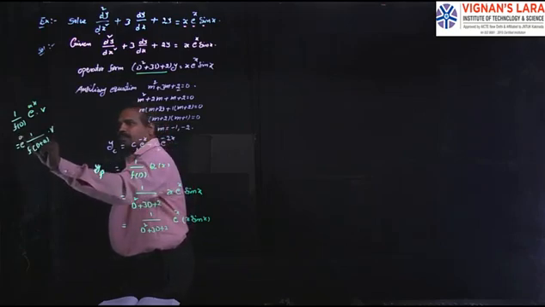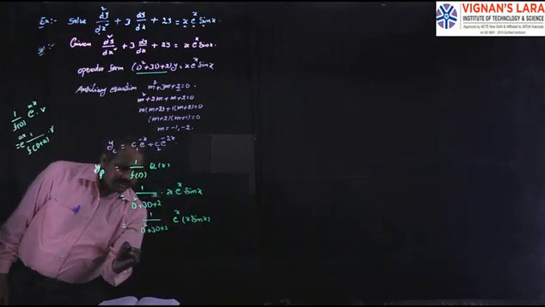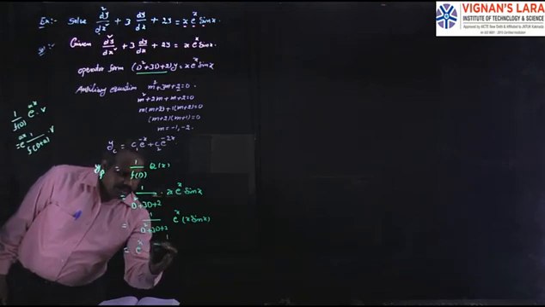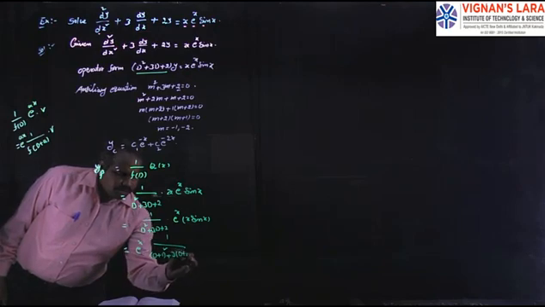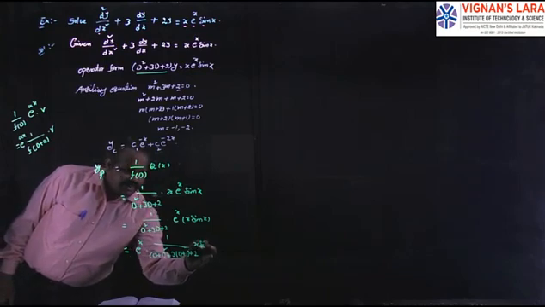This e power x we are writing in front. By using that formula, this one can be written as e power x into, d replaced by d plus 1, d plus 1 whole square plus 3 into d plus 1 plus 2 into x sin x.